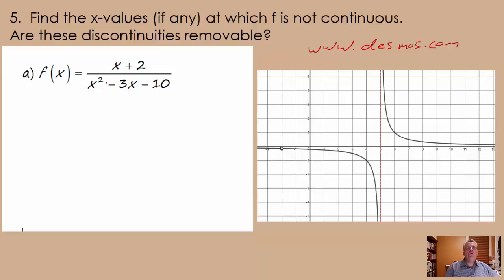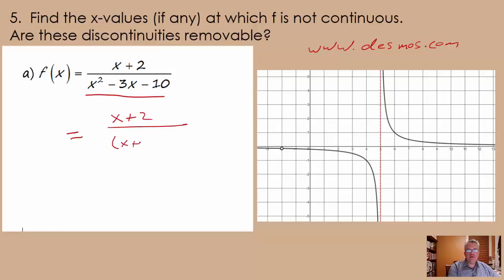Well, anyhow, we want to find the points at which the function is discontinuous or not continuous. Well, if it's a rational function, they are great, except at values that make the denominator 0. And those values are either holes or asymptotes. So remember, we have to factor it and see what cancels. The numerator is x plus 2.